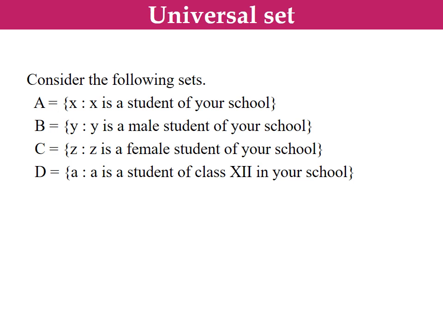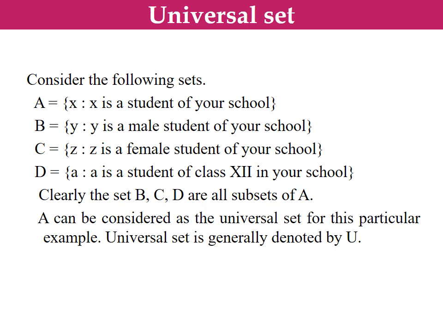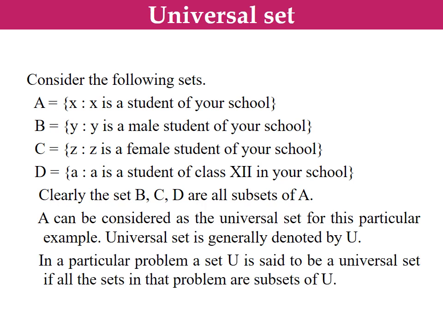Now I can take one more set D. It is nothing but the students of class +2 in our school. Clearly, a female student, a male student, as well as +2 class, not only +2, any section we can take. These all belong to where? Our school. Therefore, B, C, D are all subsets of A. So, A can be considered as the universal set for this example. It is denoted by U, right?